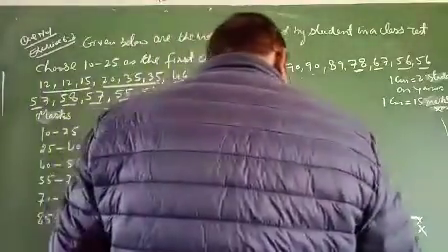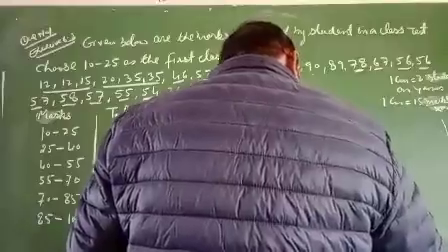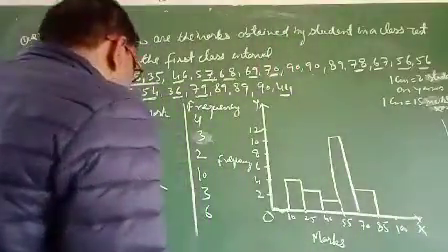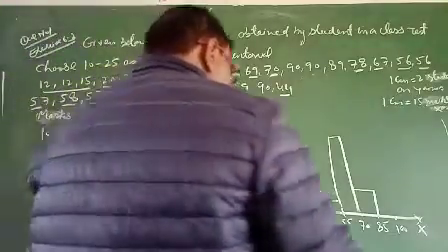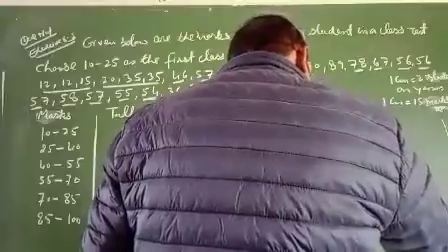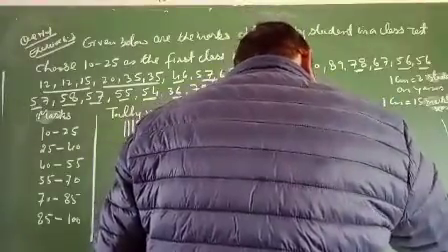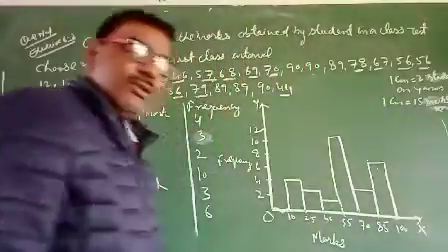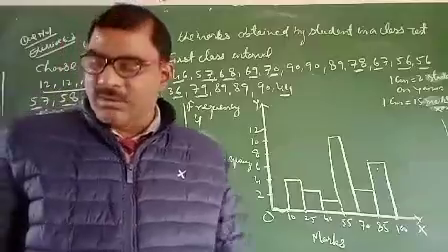Therefore, it will be 3. Now marks 85 to 100 were obtained by 6 students. So this is the histogram.